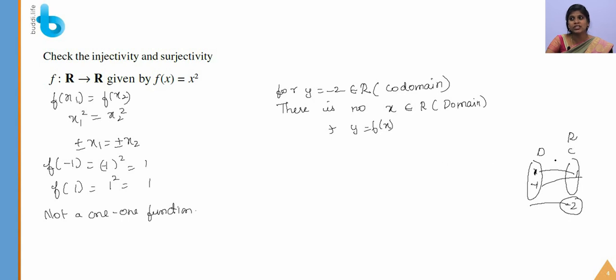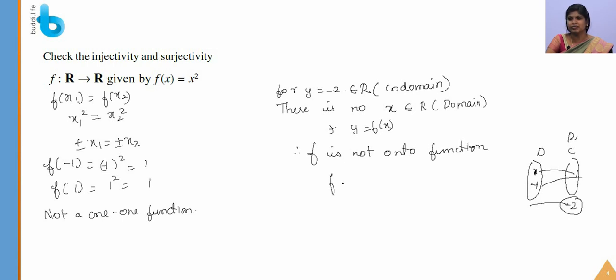What is an onto function? Every element in the codomain should have a pre-image in the domain, right? But the negative numbers in the codomain don't have a pre-image in the domain. So logically it is not onto, and by the definition method it is also not onto. Therefore, f is not an onto function.